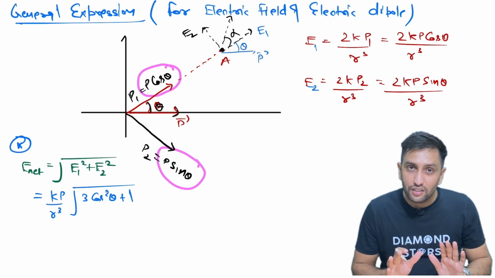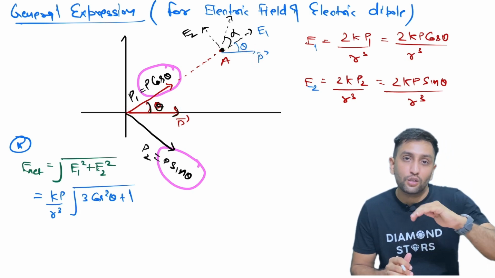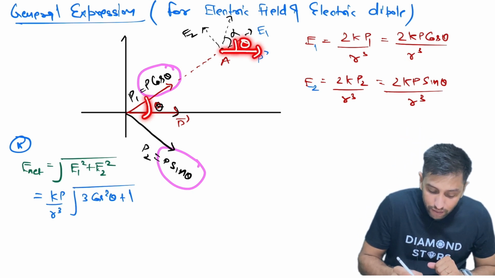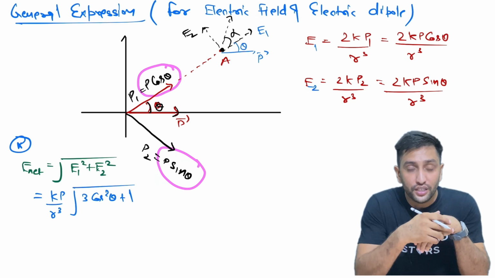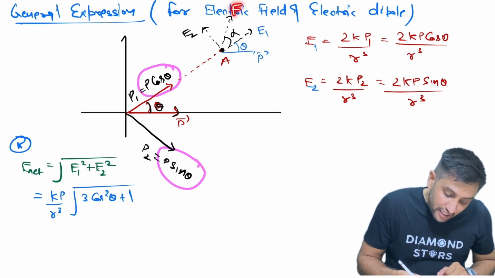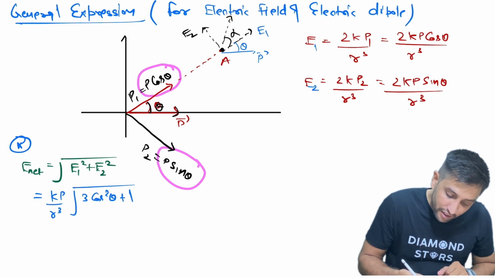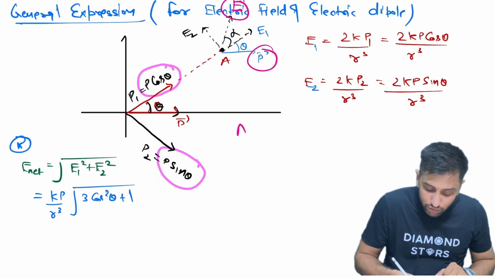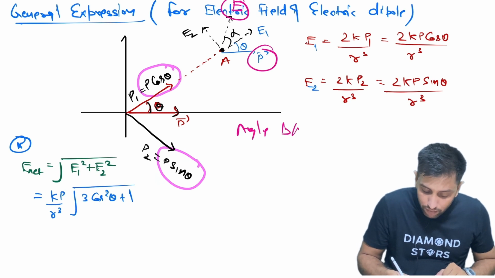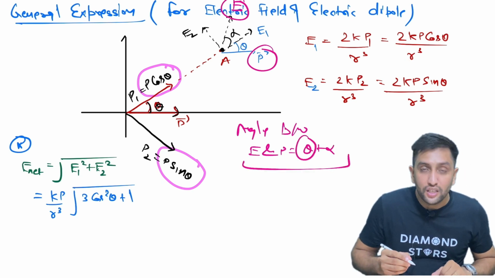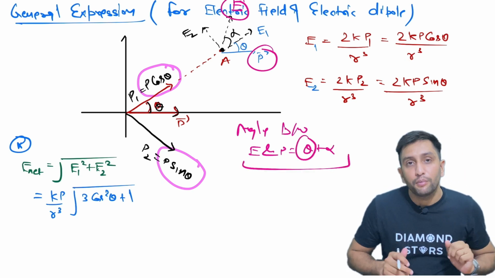You know vector algebra, parallel shifting of a vector makes no difference. So I made this p vector here; this theta is also theta, this angle is also theta. So now the resultant vector is E. Okay, please mark it as E. So the angle between E and P is theta plus alpha. Theta will be given to us, but alpha we will have to find out.